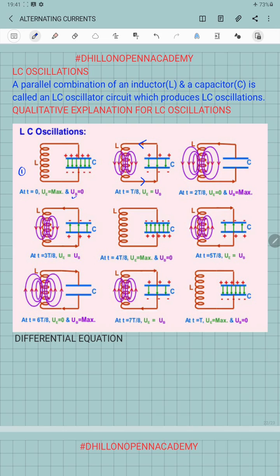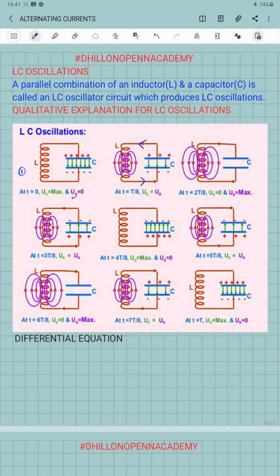As the capacitor is discharging slowly, the current in the circuit is rising, and that rising current is setting up an increasing magnetic field in the inductor. That increasing magnetic field in the inductor, according to Lenz's law, sets up its own induced EMF and induced current, due to which the induced current starts running in the circuit opposite to the current supplied by the capacitor.